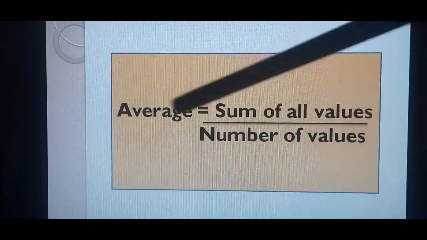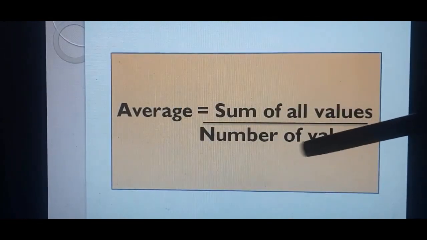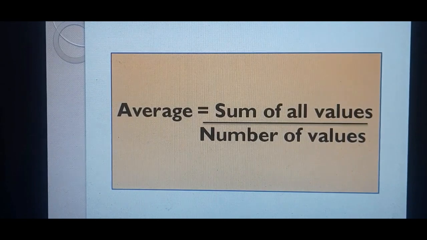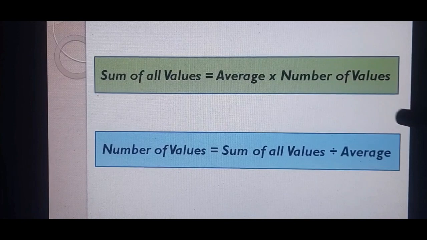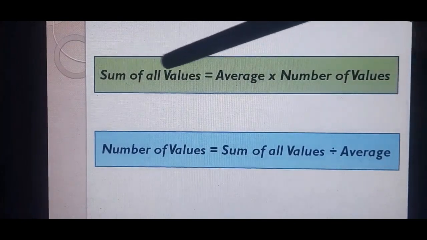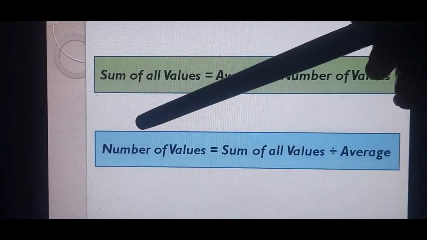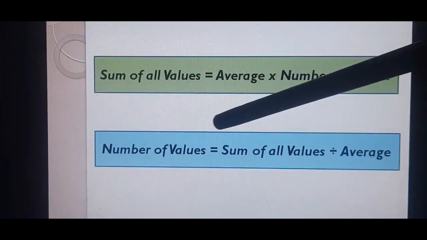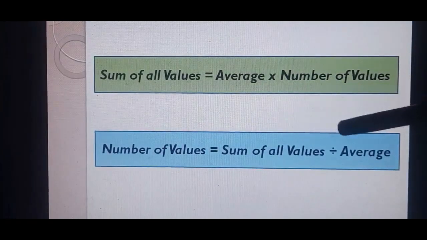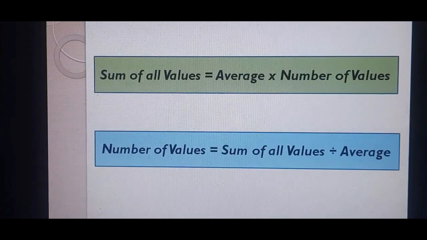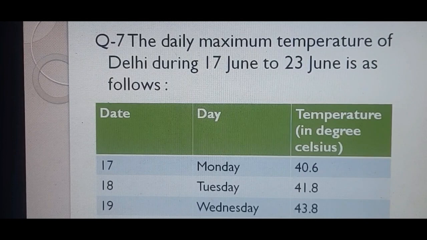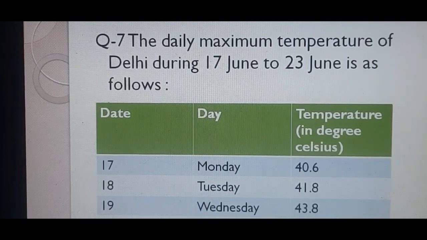So number of values is equal to sum of all values divided by average. Okay. So these are the formulas which I have explained. Sum of all values is equal to average multiply number of values. Number of values, if you want to find out, is equal to sum of all values divided by average. Okay, beta. Now we will do practice questions.